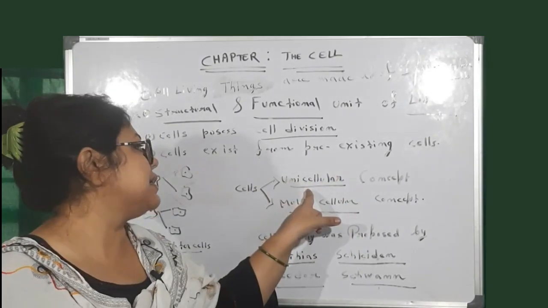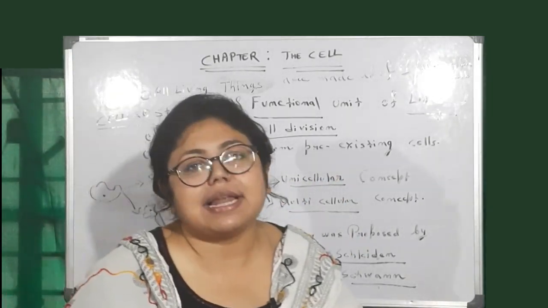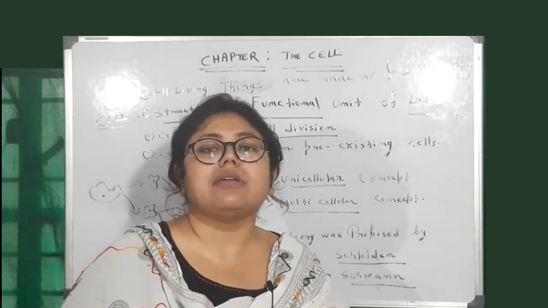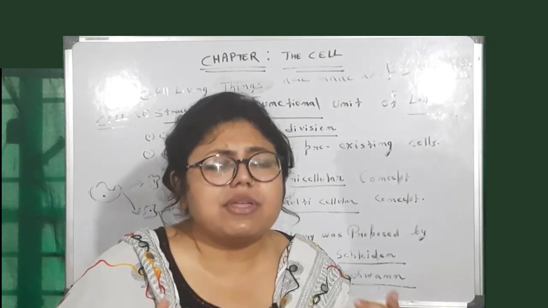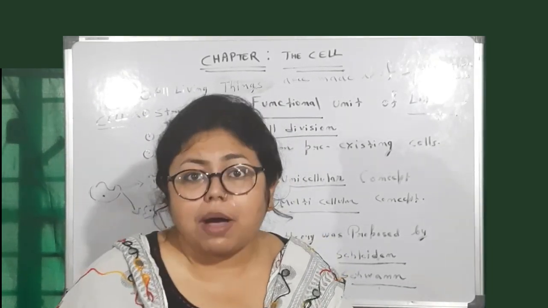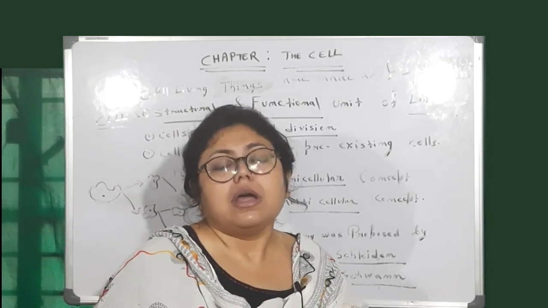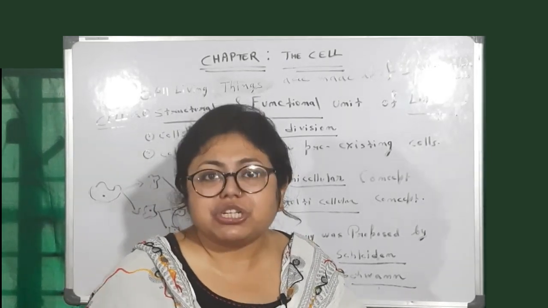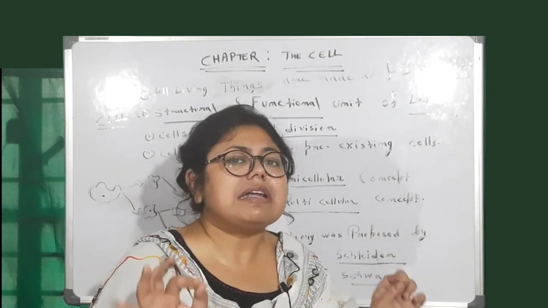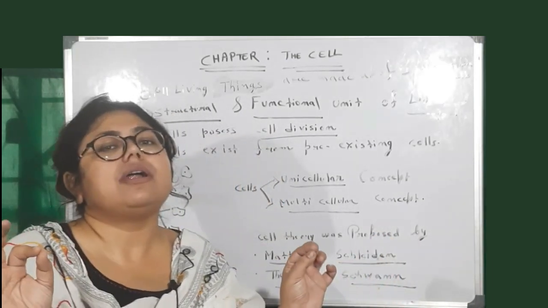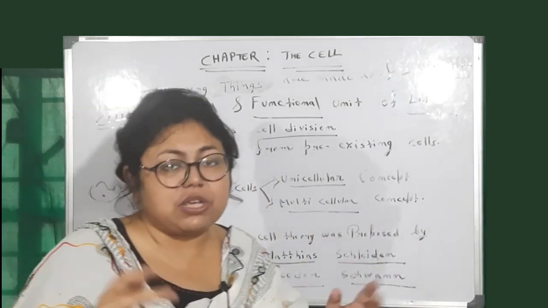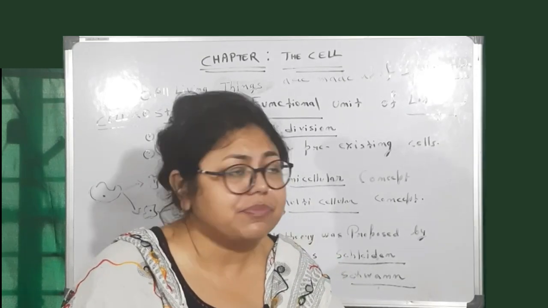That is grouped under the unicellular concept, or the unicellular organism. Some examples are protozoa, amoeba, and what else? Paramecium. So these are different types of unicellular organisms, right?